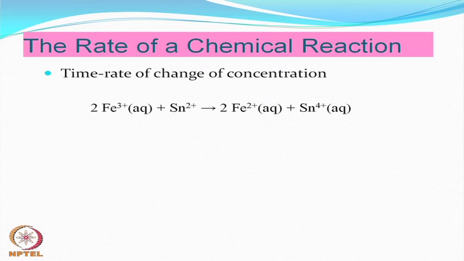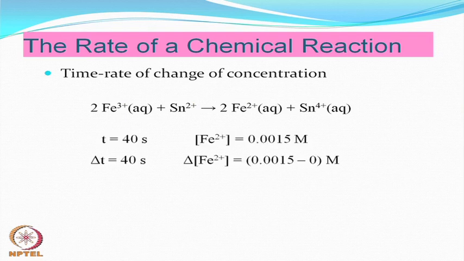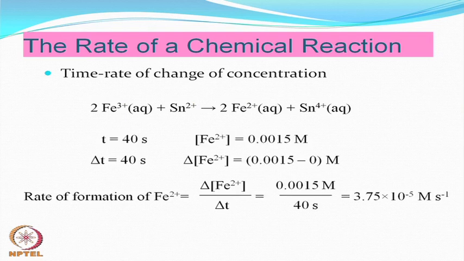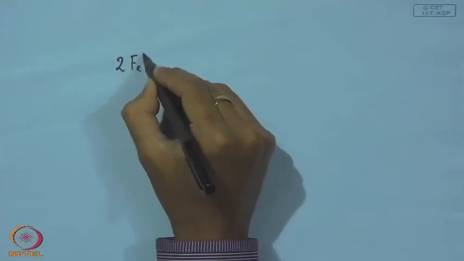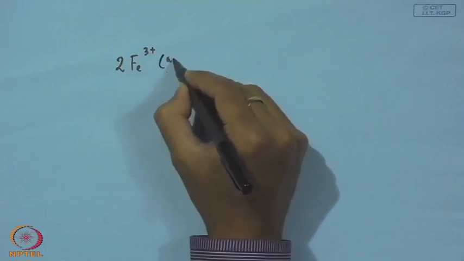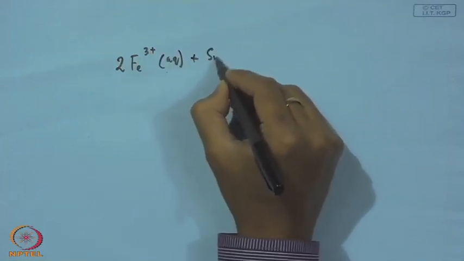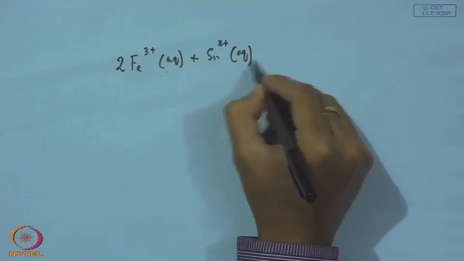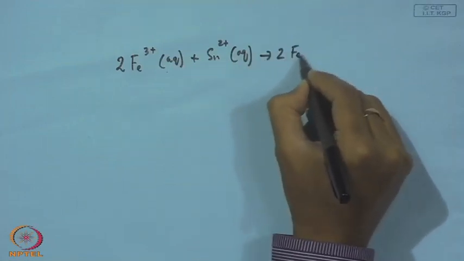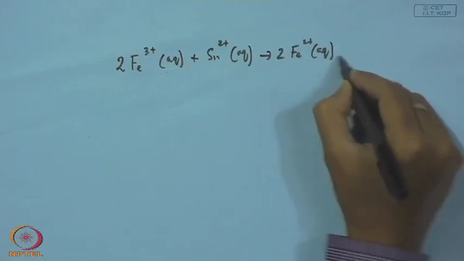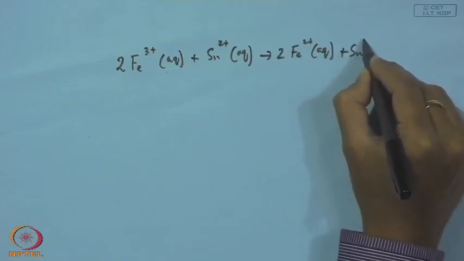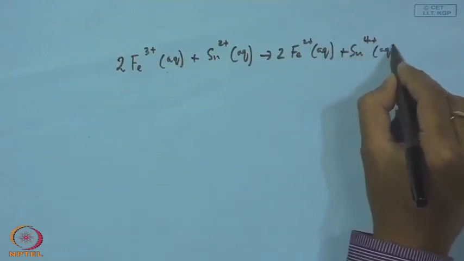Now we will move on to certain examples, a simple example. Let us concentrate on a reaction of this kind: 2 Fe3+ aqueous, that is aquated ion, plus Sn2+ aqueous, producing 2 Fe2+ aqueous plus Sn4+ aqueous.